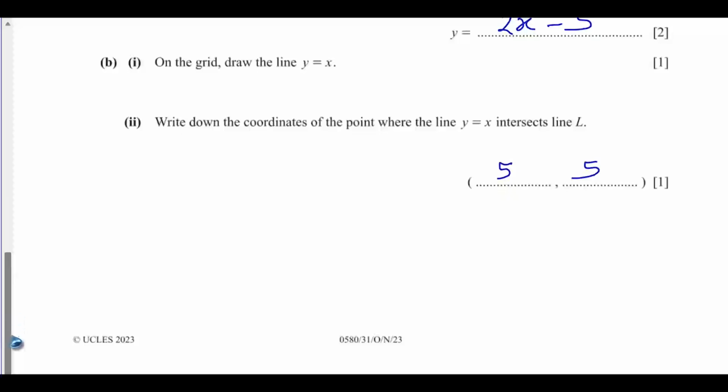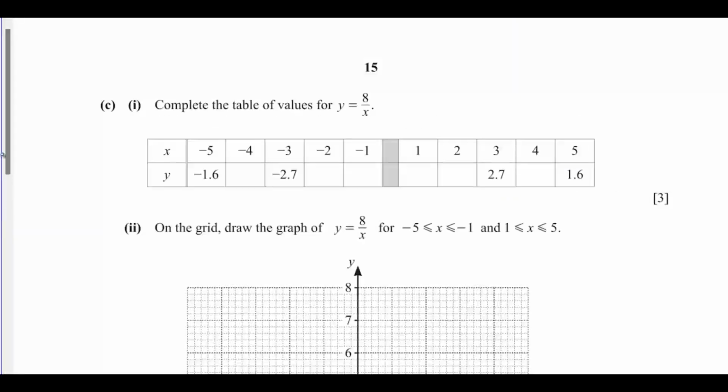So the next question will be part C, Roman figure 1. In this question, we are asked to complete the table of values for y equals 8 over x. You can just input this function into your calculator and it will give you the values of y.